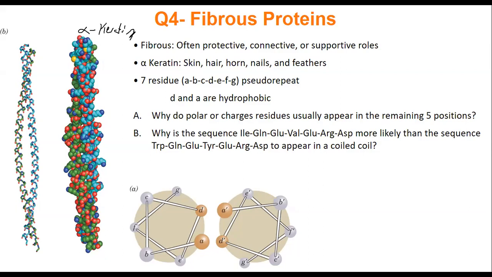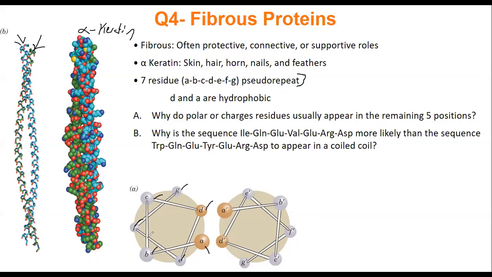And what alpha keratin is, is 2 proteins that are wrapping around each other. And each protein forms this pseudo repeat, in that it repeats a 7-residue pattern, where residues A and D are hydrophobic, while B, C, E, F, G are all hydrophilic.